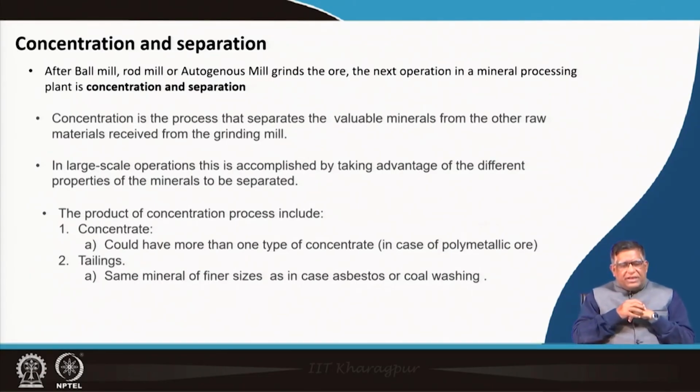That is the process by which you separate out the gangue material and improve the grade. The machine where this is done is called the concentrator.